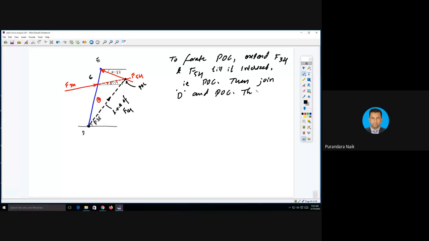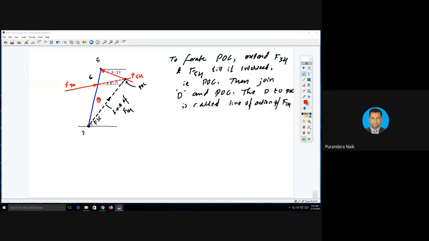The line from D to POC is called the line of action of F14.